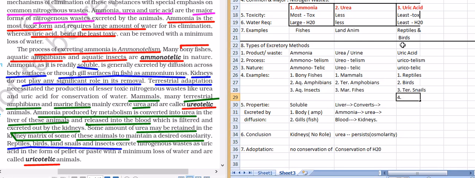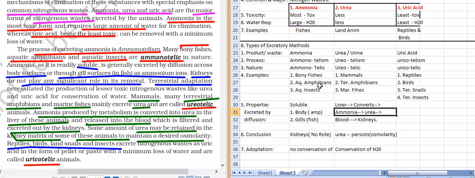Land insects. It's terrestrial insects. General insects, of course, should be remembered here. Amphibians, amphibians. Insects, insects. So this clarity you should have. Aquatic amphibians, aquatic insects. Like a spider you can think.